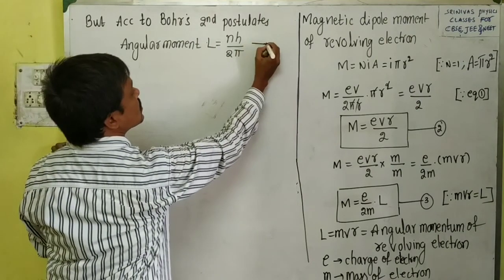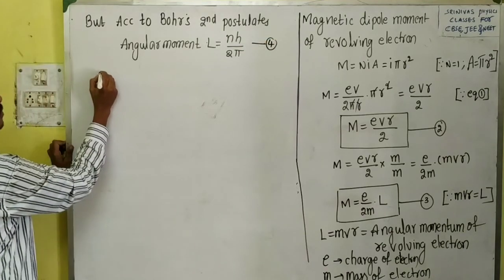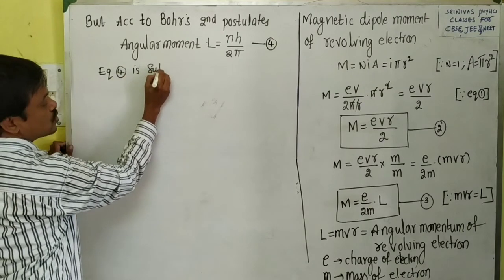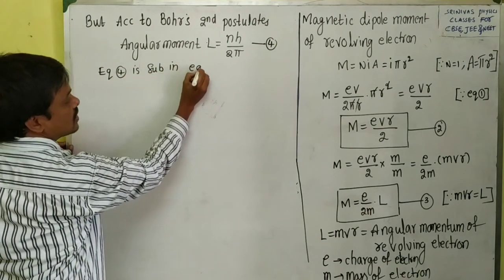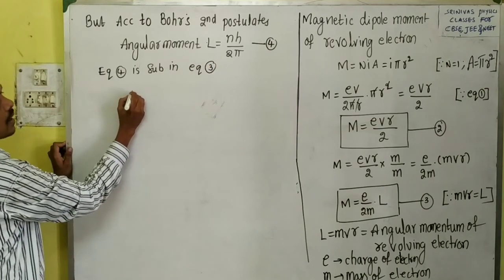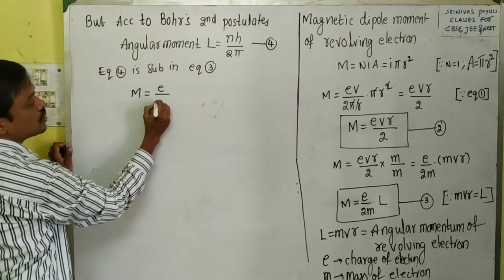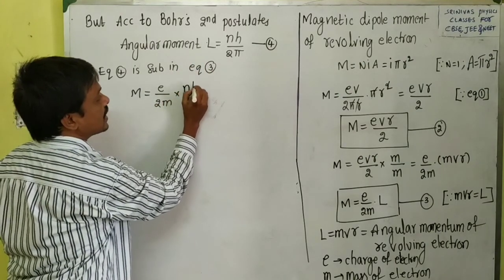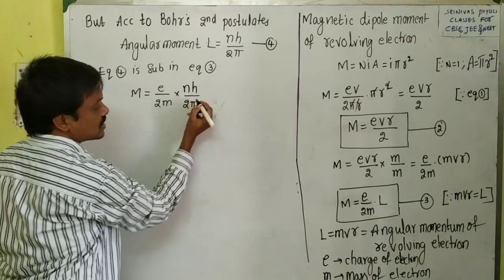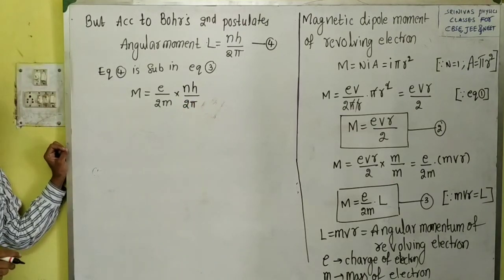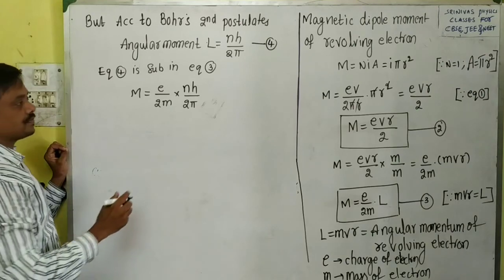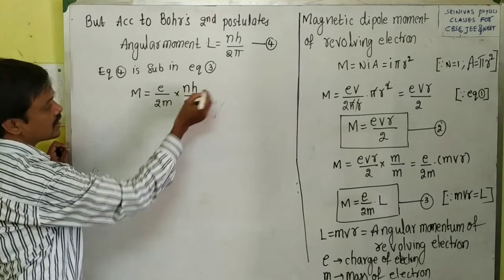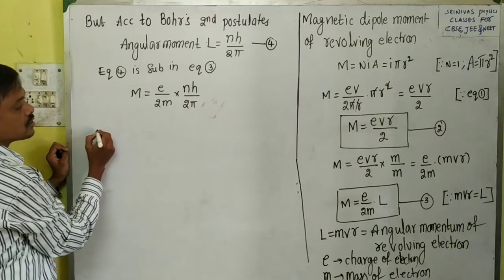Equation 4 is substituted in equation 3. Now what will you get? The formula M = e by 2m into L, where L is nh by 2 pi according to Bohr's postulate, and this we can simplify here.